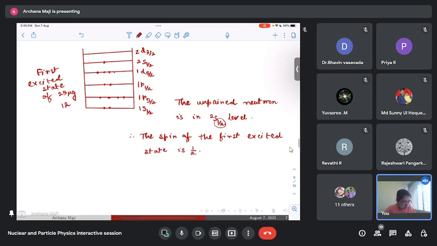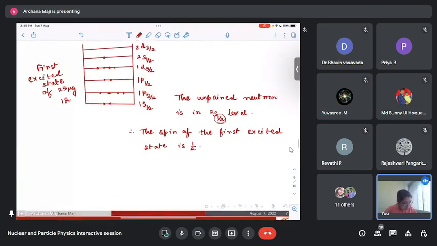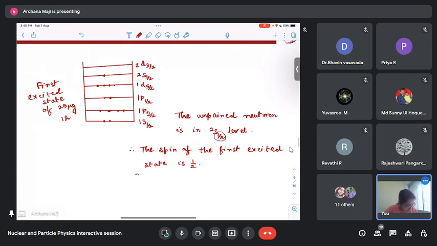We also need to answer what is the parity. S means L equal to 0, which means parity will be minus 1 to the power 0, that is plus 1, or even parity.